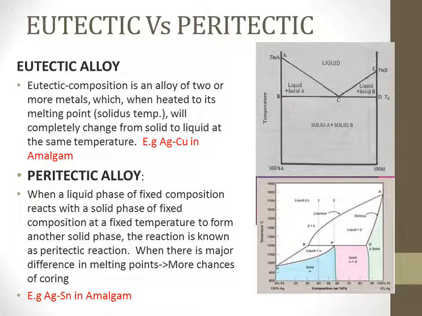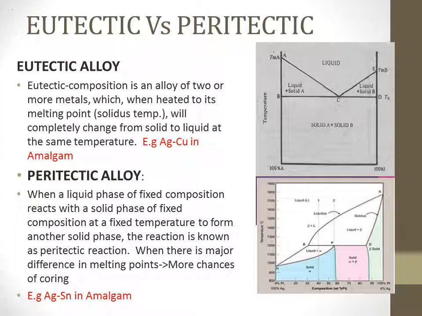I have simplified the definitions of both eutectic and peritectic. They have been asked previously in the UQs, and this is all you have to know about them. Firstly, you have to be able to recognize the graph. The first graph is typical of a eutectic alloy, and the second of a peritectic alloy. A eutectic alloy can be simply defined as an alloy of two or more metals, which, when heated to its melting or solidus temperature, will completely change from solid to liquid at the same temperature.